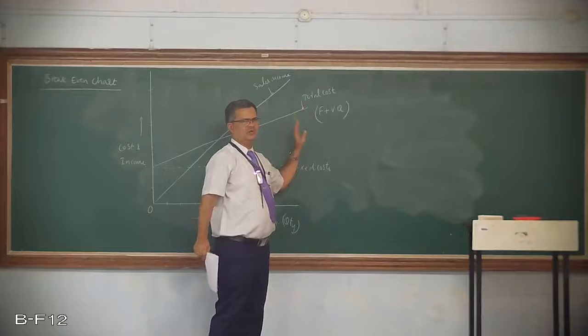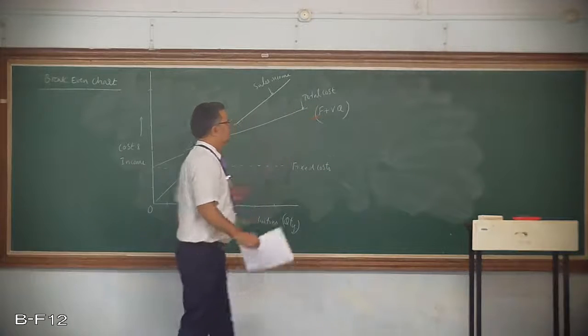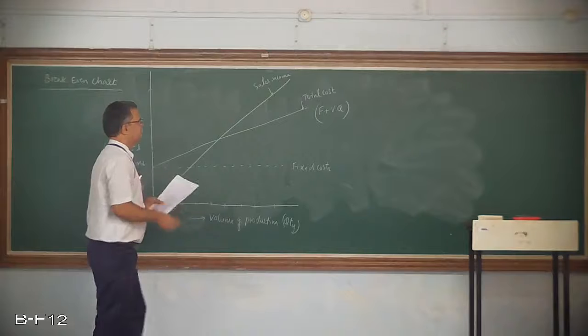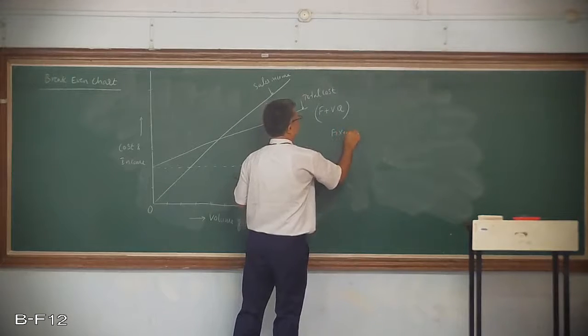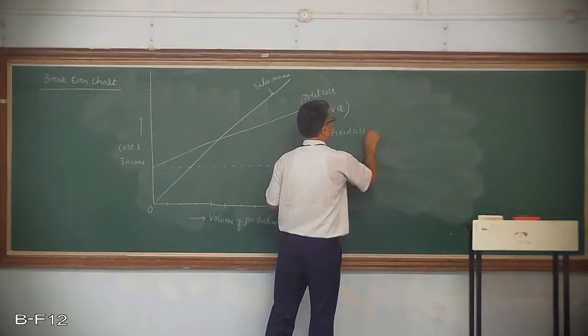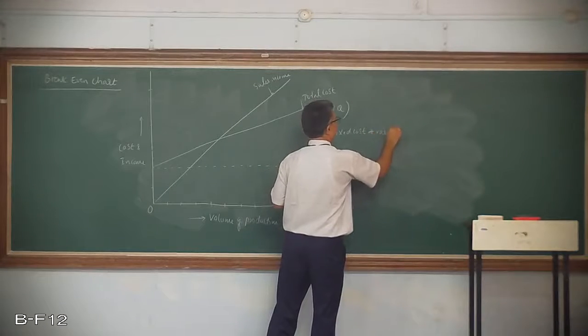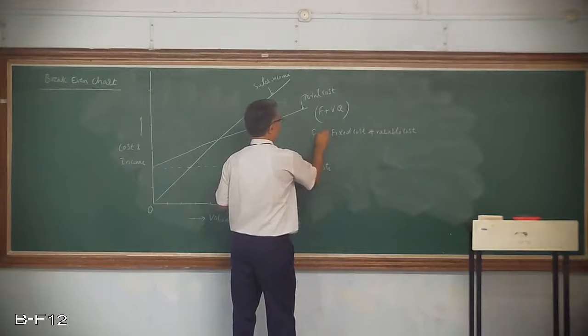I'll explain that afterwards. So this is the variable cost. Fixed cost plus variable cost.